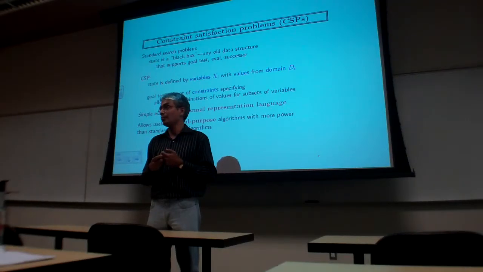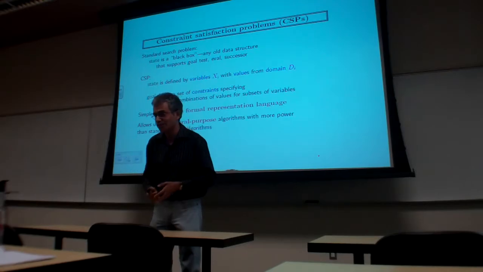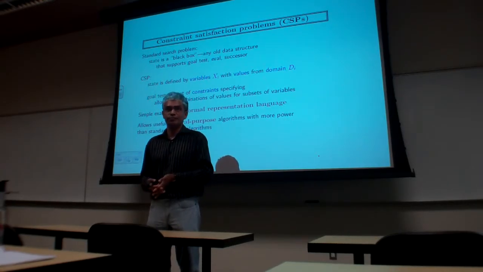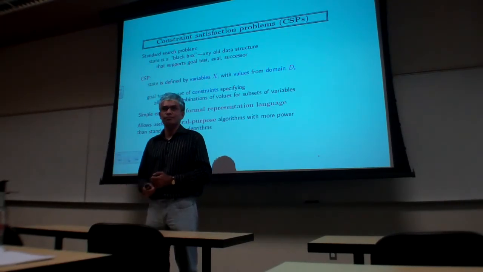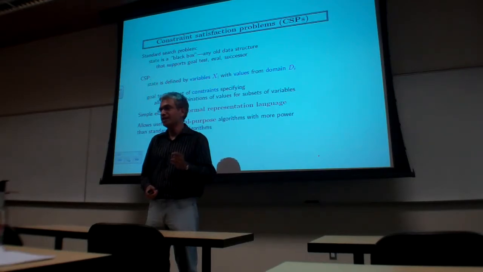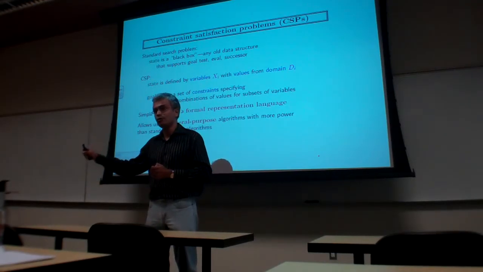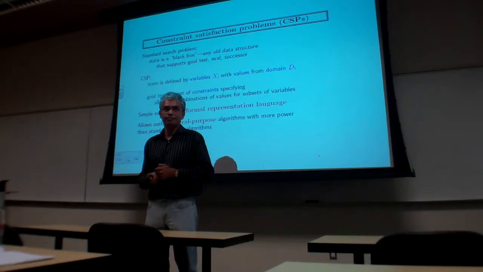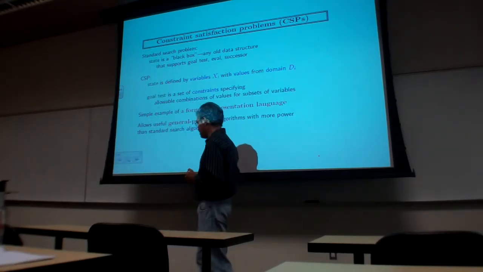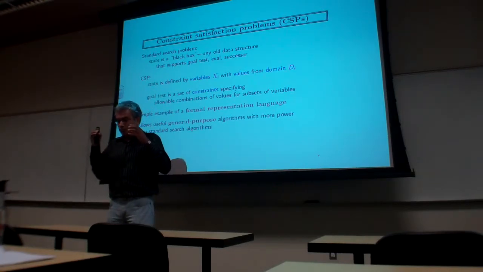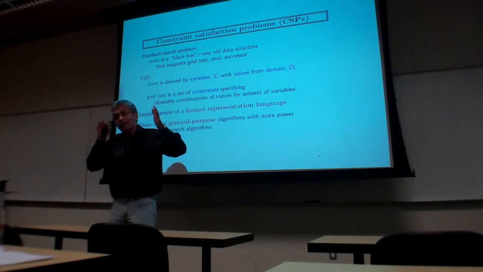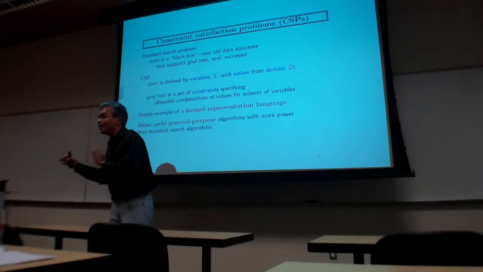The only tricky part is there are constraints. The constraints essentially say certain partial assignments are not allowed. Okay, that is, if x has value a, then y cannot have value b or c. Or if x has value d, then y must have value m. Things like that. Okay, constraints, as we'll see in a minute, are basically saying what are either legal partial assignments or illegal partial assignments.